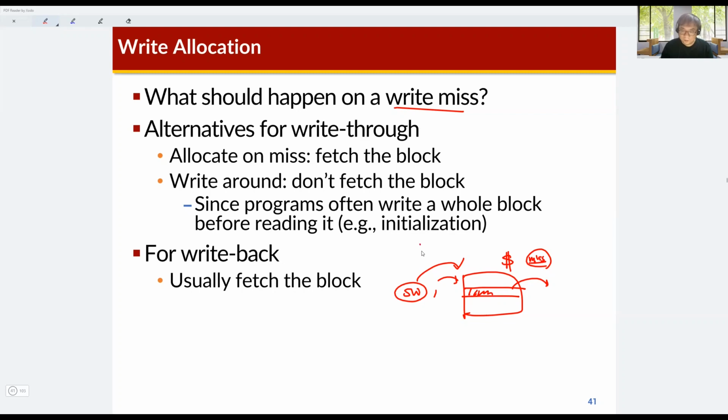This is the write-miss. When I explained the write-through and write-back caches, our assumption was the write-hit case. That means that when the store instruction is executed, the requested block is found in the cache. This is the write-hit case.